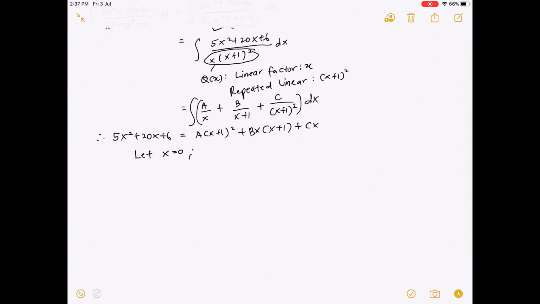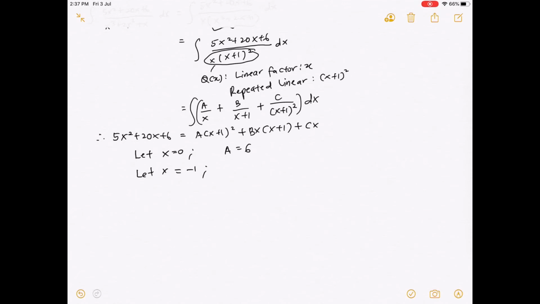Let's choose x equals 0. So choosing x equals 0, our b and c will be equal to 0. Then we have a equals 6. Now let's choose x equals -1.